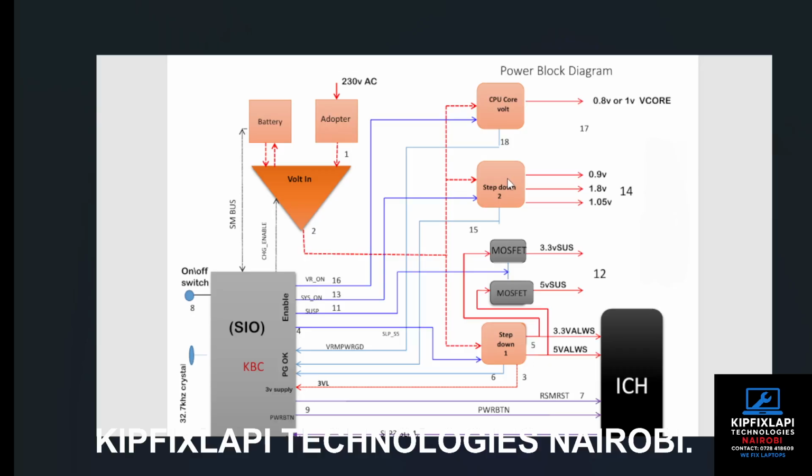And also it has a stacked inductor, which is responsible for voltage regulation. After the 19 voltage is stepped down, it is channeled towards that stacked inductor before it is directed to the correct chipset or the correct line which is needed within the motherboard.